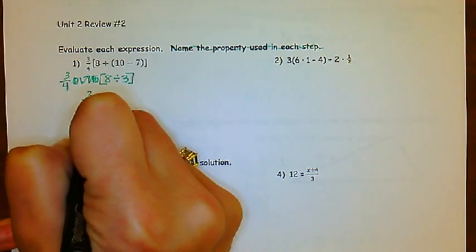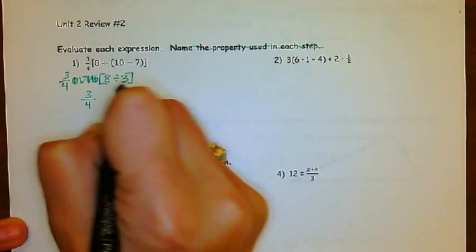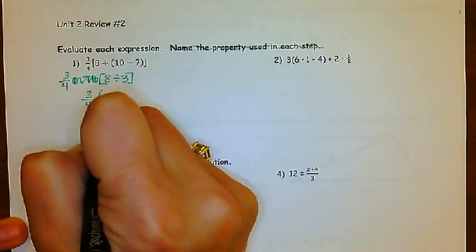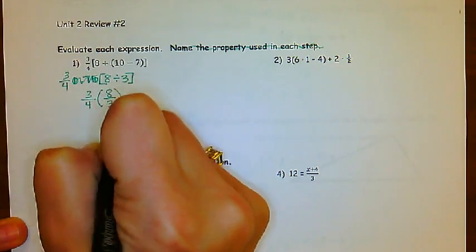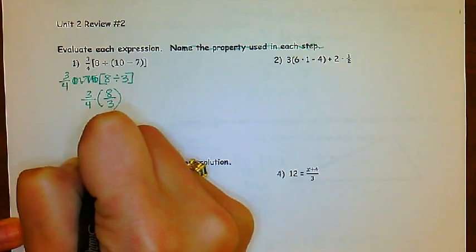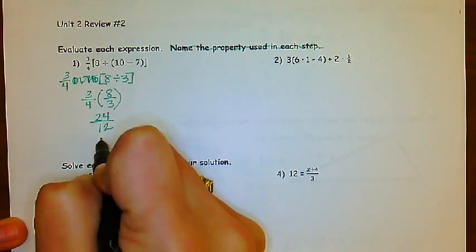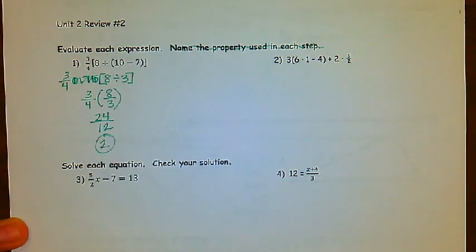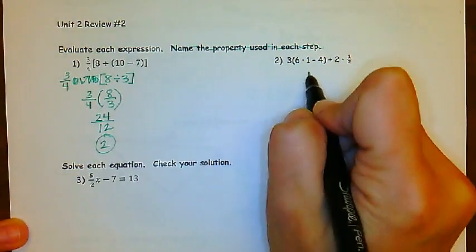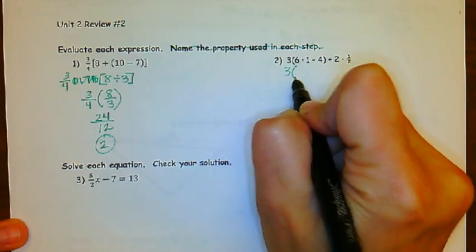So then what I did was I rewrote the 8 divided by 3 as a fraction, okay, and then I simplified it that way. So we multiply across, okay, so 24/12, which equals 2. Okay, with this one, remember, do inside the parentheses first.